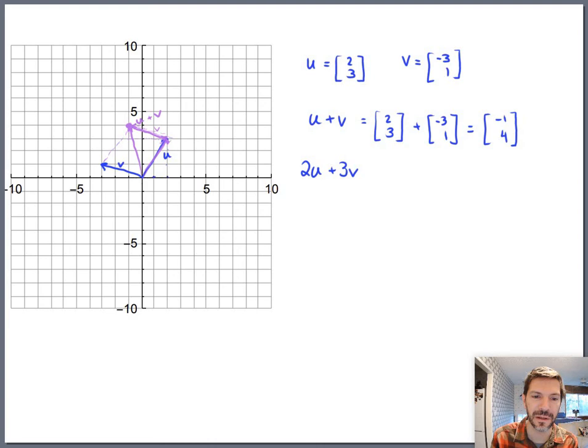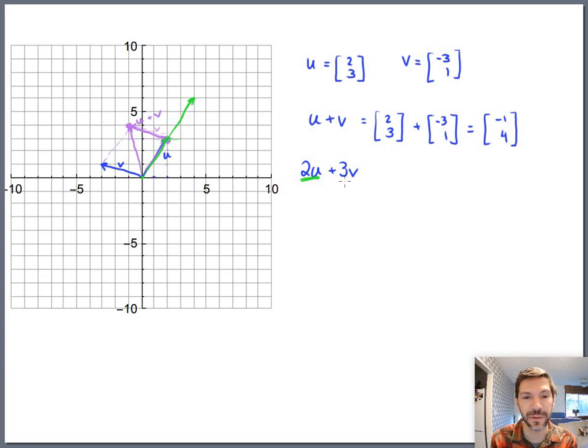So u says start at the origin, go u, which happens to be 2 over and 3 up. And then it says go u again, 2 over, 3 up. So that's u plus u, or just 2 u's. So there's the 2u, and we added those tip to tail.